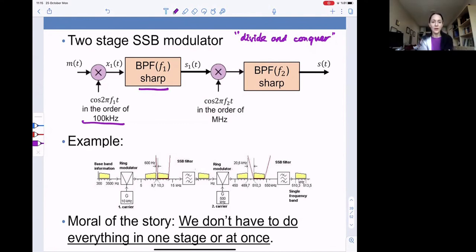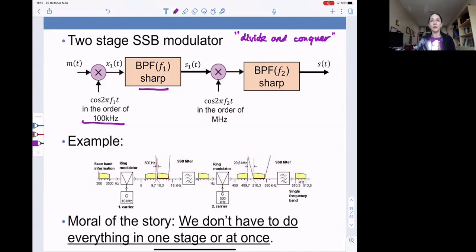Okay, in your electronics and analog electronics classes, you have seen some trade-offs in terms of the filter's quality factor, how sharp it is, and the place of its center frequency. So it is hard to get a very sharp filter at a very high frequency, right?